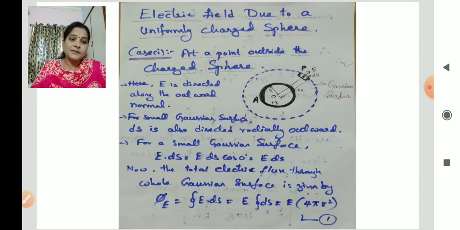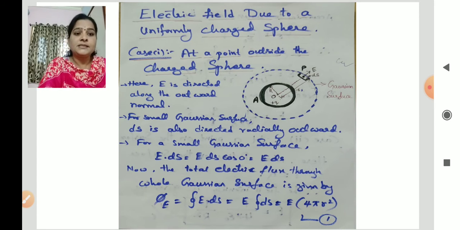Now for that I am assuming a Gaussian surface around our charged sphere. In the figure the Gaussian surface is shown with a dotted line, the dotted sphere. Both these spheres are concentric, meaning the center of the two spheres is the same. Now at a distance small r, I assumed a point P on the Gaussian surface.